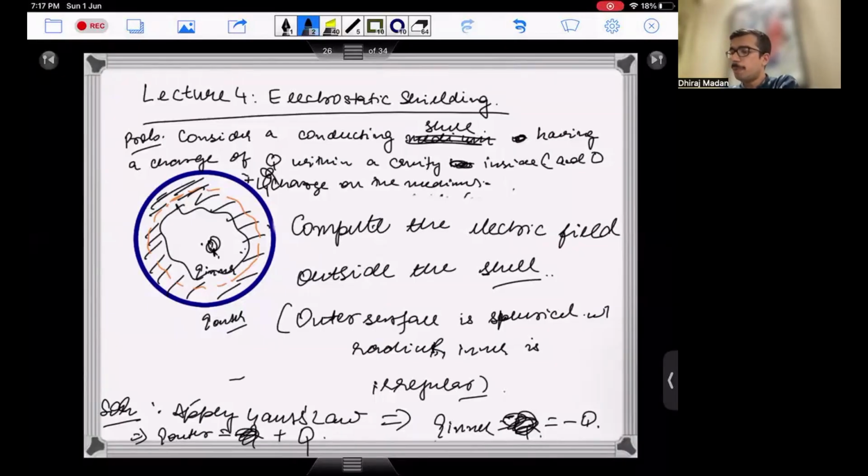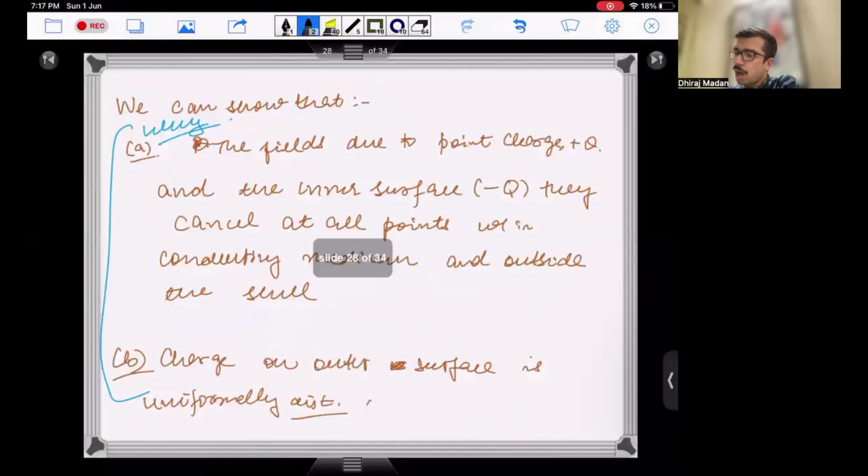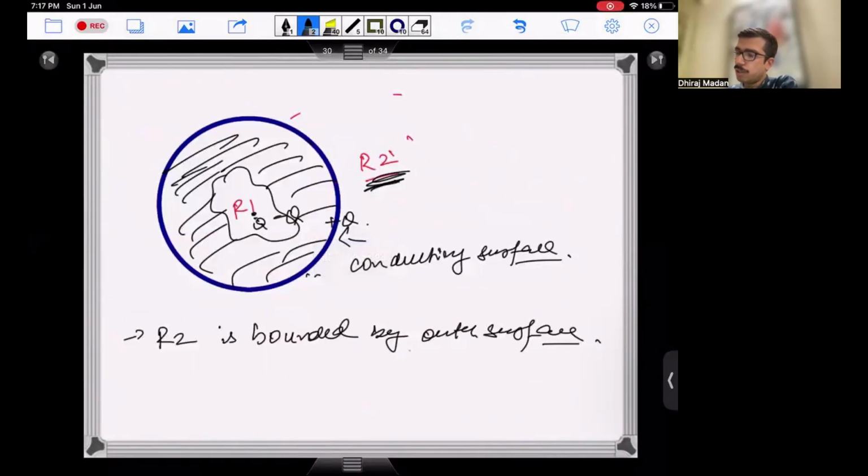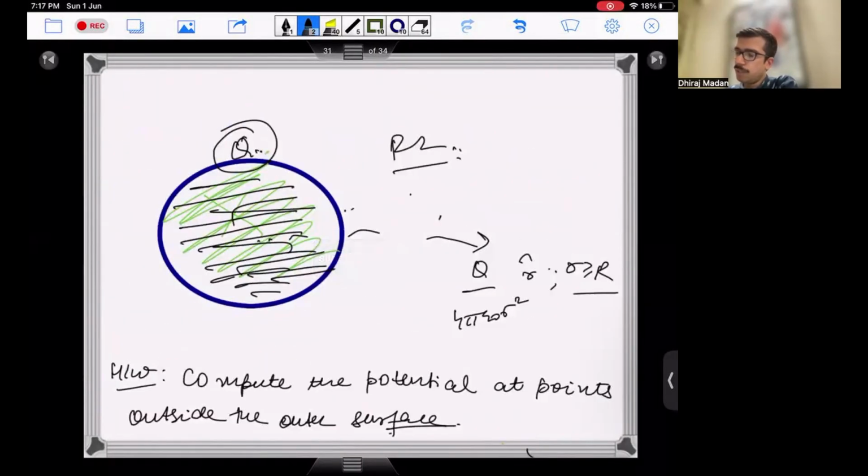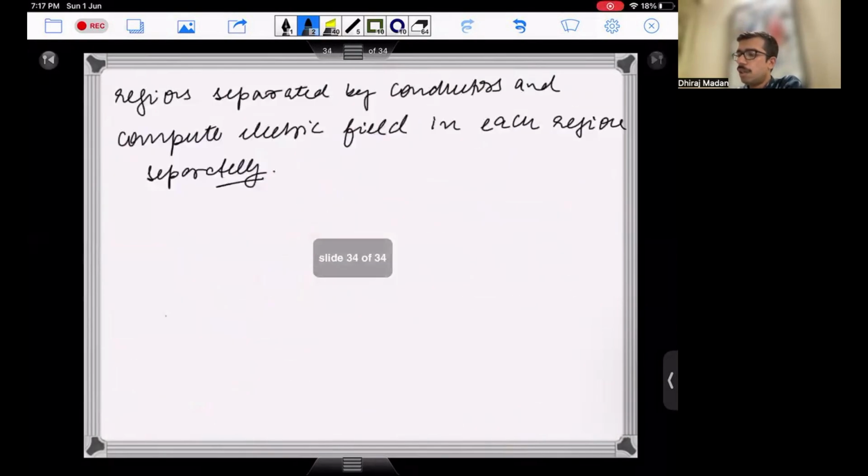Then we just ignore whatever is inside the surface and note the total charge, plus Q, on the surface. There is no other charge in the outer region, so we can apply Gauss's law the usual way and compute the electric field outside as Q over 4 pi epsilon naught R square R cap.